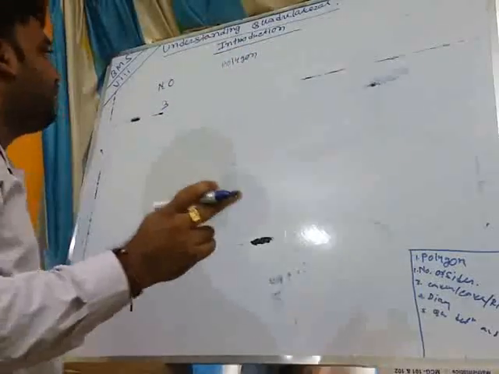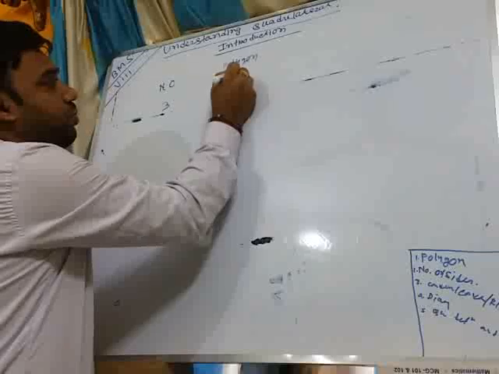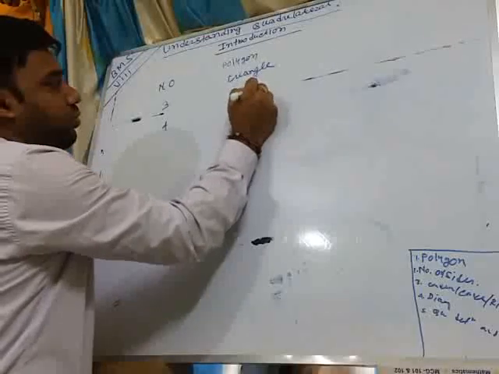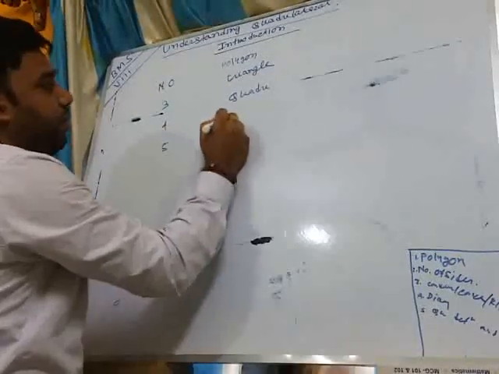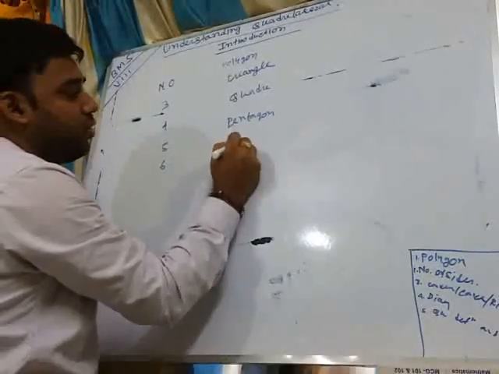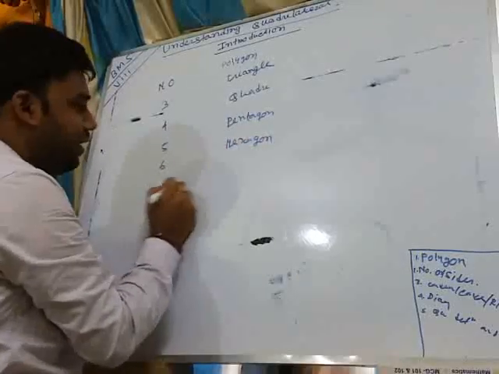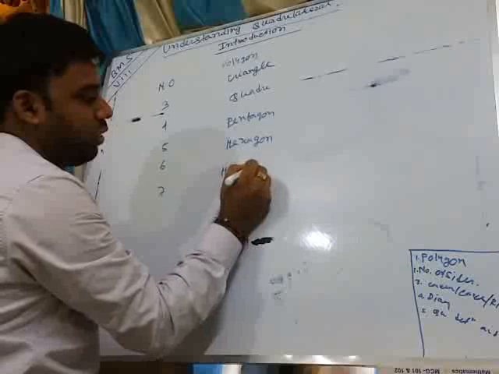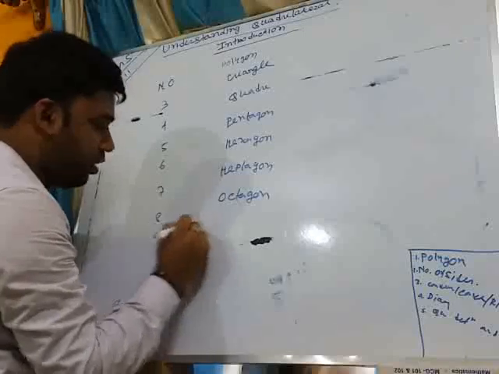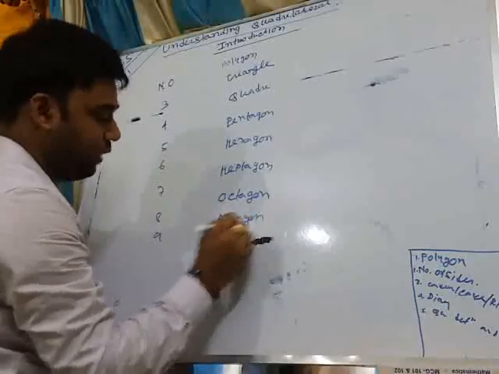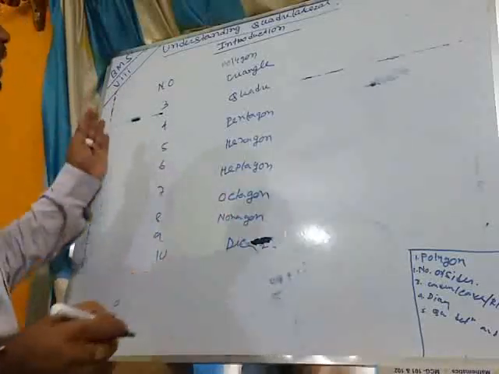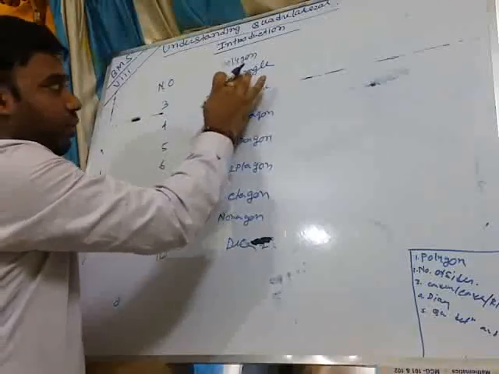If a polygon has 3 sides, that is called a triangle. 4 sides, that is a quadrilateral. 5, pentagon. 6, hexagon. 7, heptagon. 8, octagon. 9, nonagon. And 10, decagon.